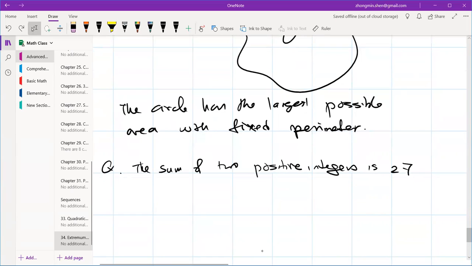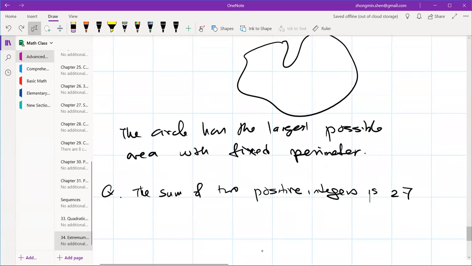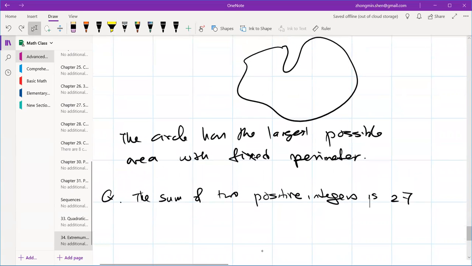So this is a nationwide test given by the Science Academy of China, and this is one of the problems on the test. I proved that a circle has the largest possible area among all the regions with a fixed perimeter. That was in 1983.